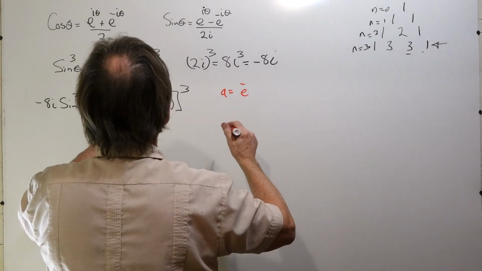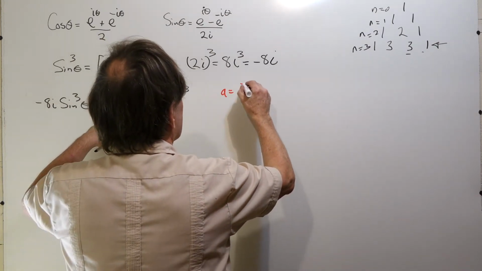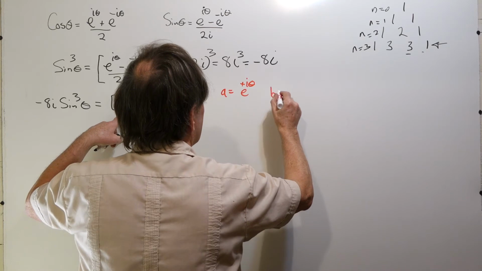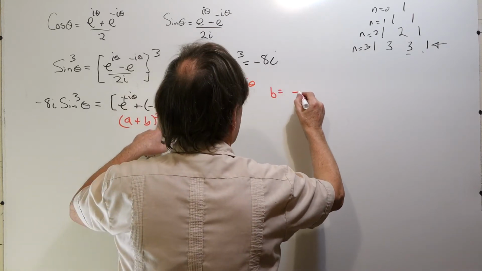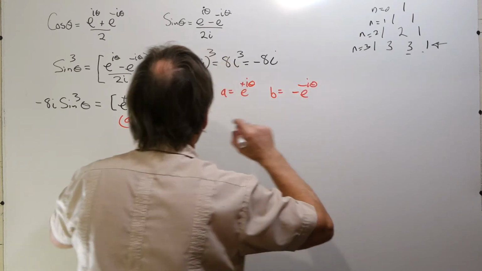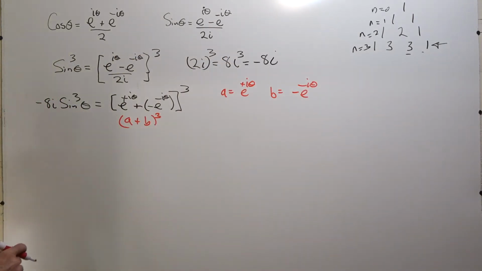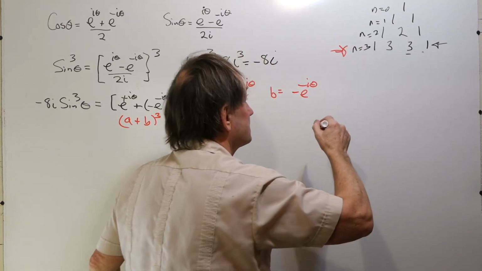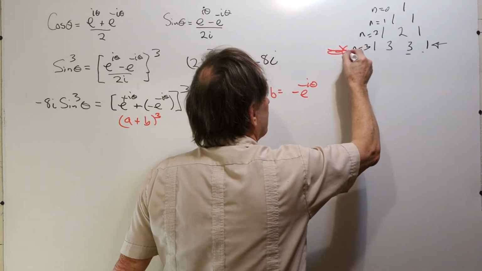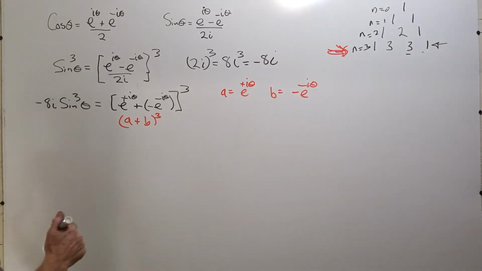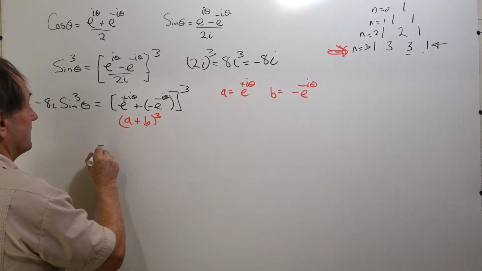So a is e to the plus i theta, and our b is minus e to the minus i theta. Again, we'll use row 3 of the Pascal triangle because our n is equal to 3. And so we'll expand this.